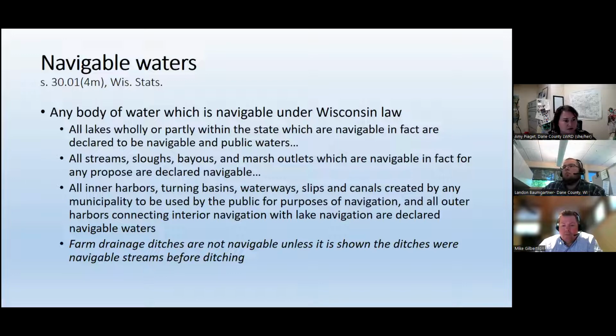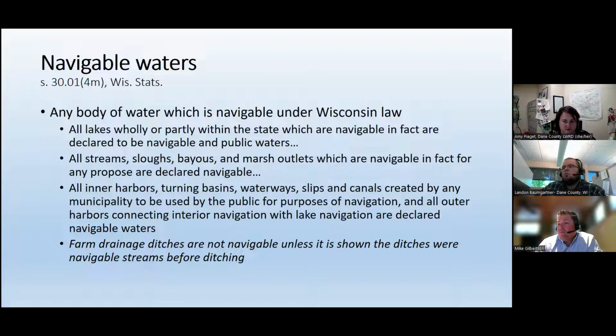I know DNR has done that in the past, but these don't have formal letters. We're pitching project ideas, trying to address erosion or different things.